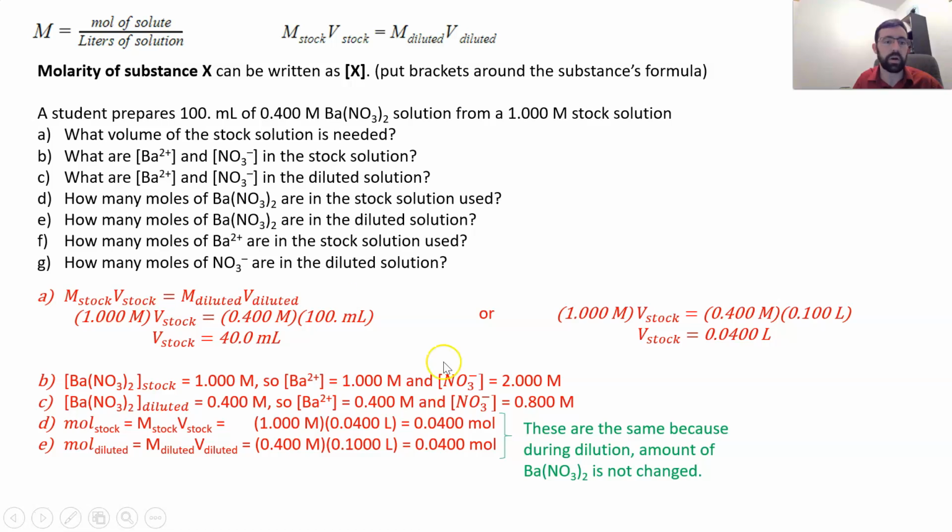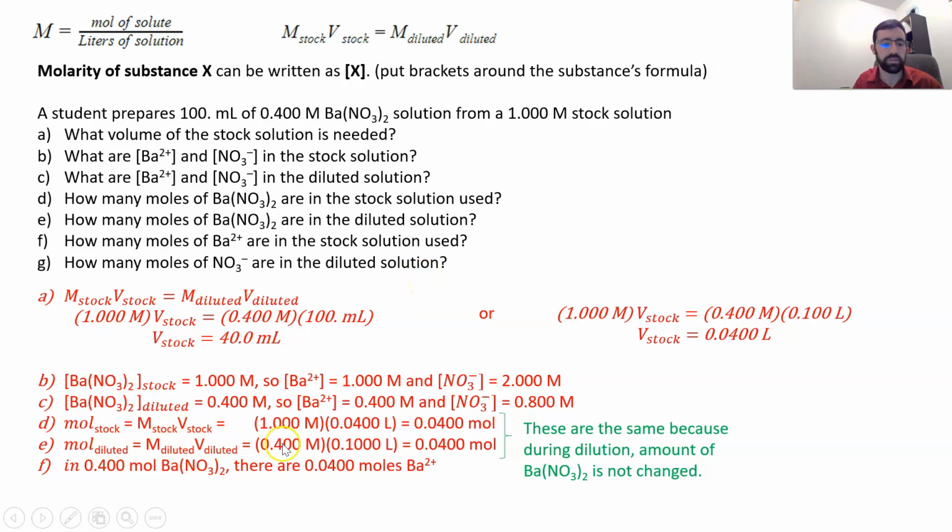And then finally, we get to part F. How many moles of barium are in the stock solution used? Well, if we have 0.04 moles of barium nitrate, you're going to have 0.04 moles of barium ions. And how many moles of nitrate do we have in the diluted solution?